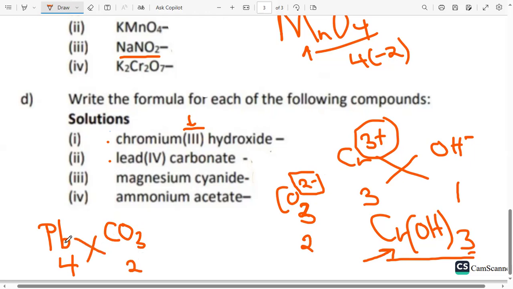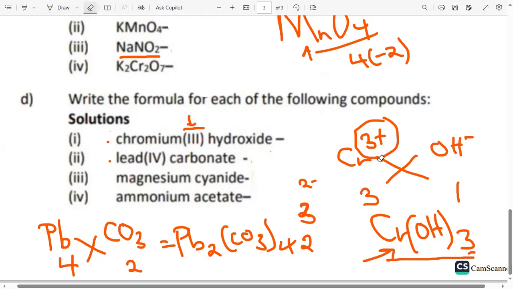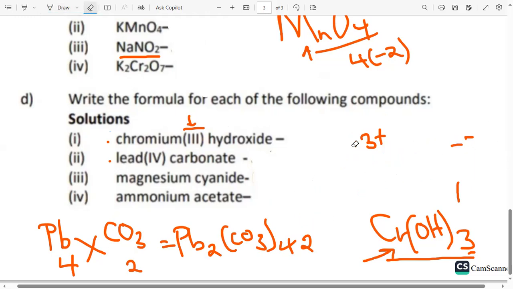It means this 2 goes to the lead, so we have Pb2, and then we have CO3 with a 4 outside. These 4 and 2 have something in common: a 2 can go into both the 2 and the 4. So we divide this 2 by 2 and this 4 by 2.